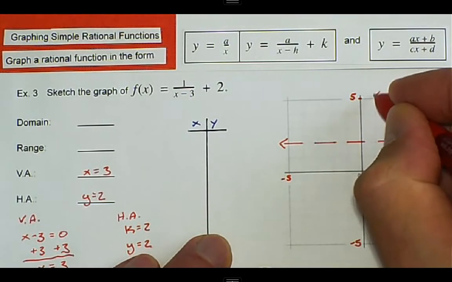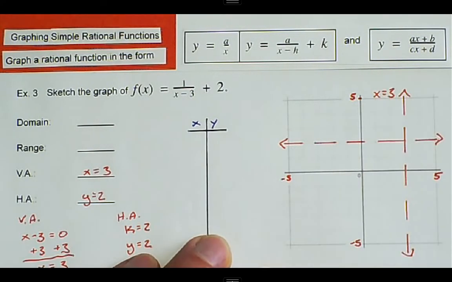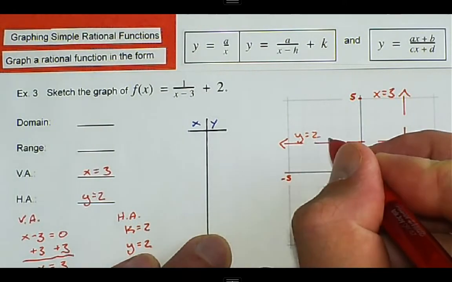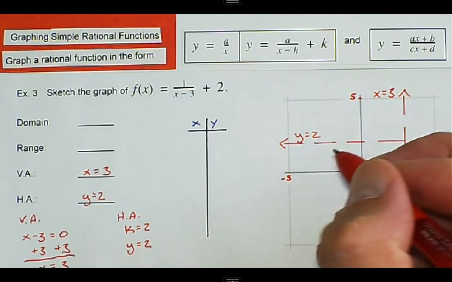So we have x equals 3 and y equals 2. Those are the two asymptotes that we have.